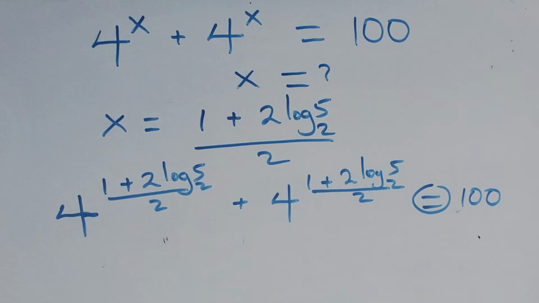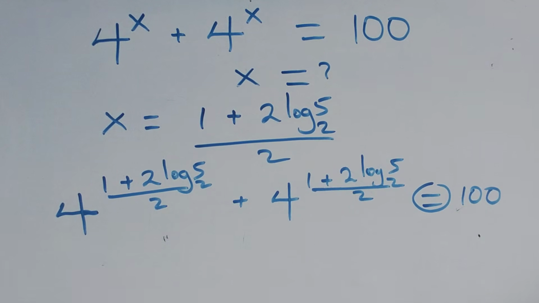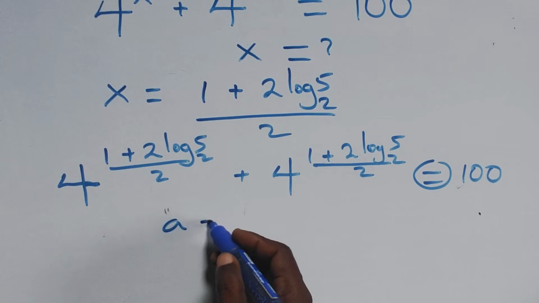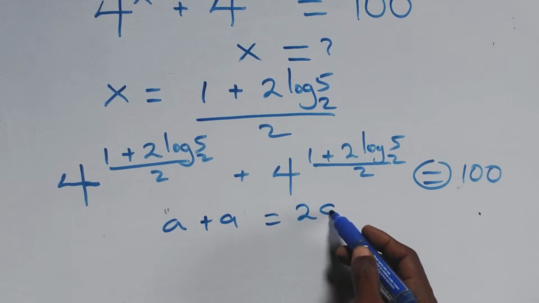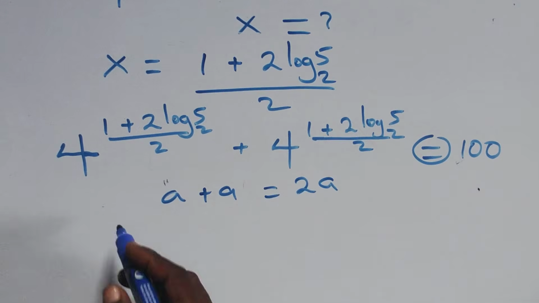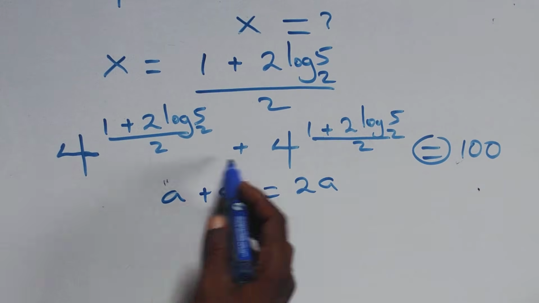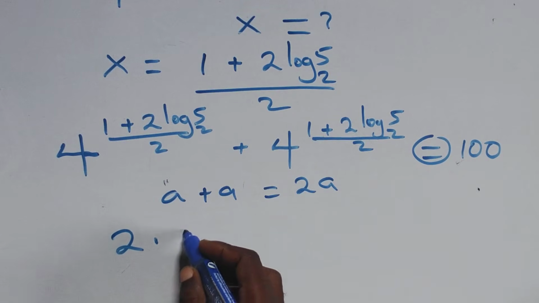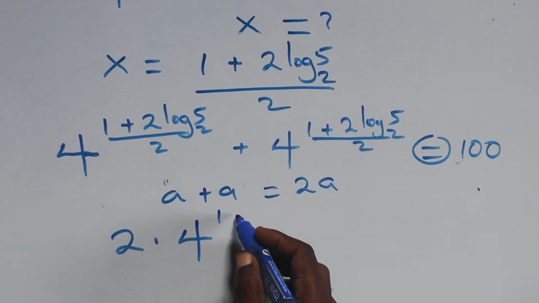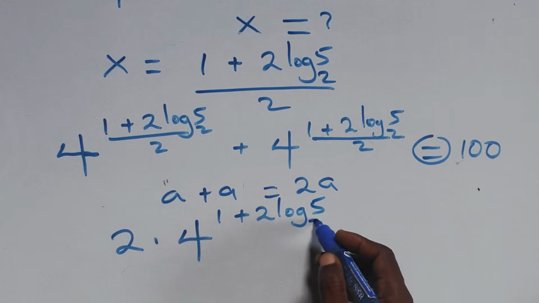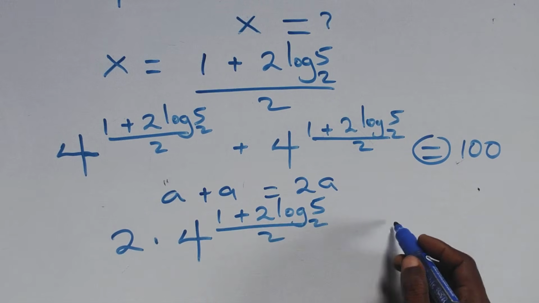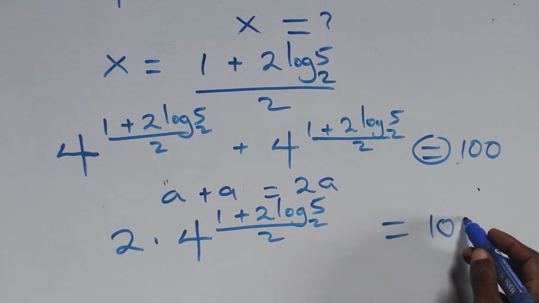Then here follows when we have a plus a, which we can rewrite as 2 times a. So let's write this, since we have something together, as 2 times 4 raised to power 1 plus 2 log 5 base 2 all over 2. Then it equals 100 on this side.